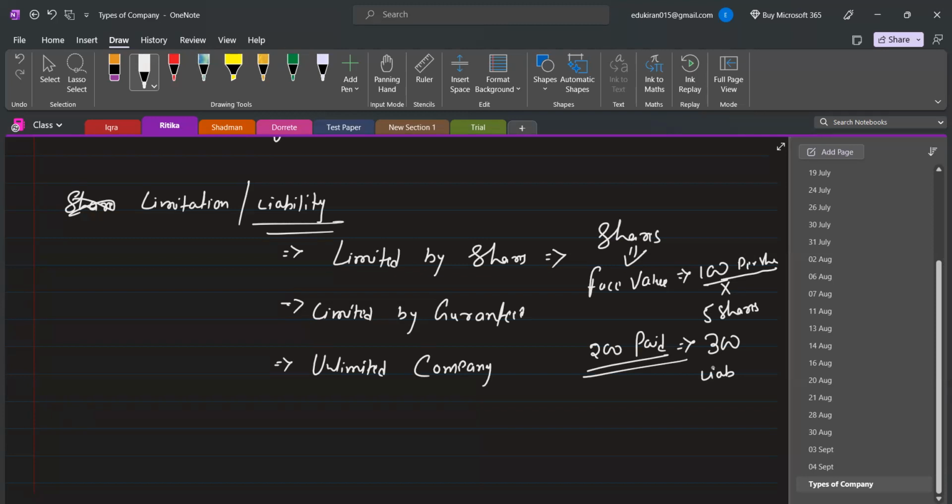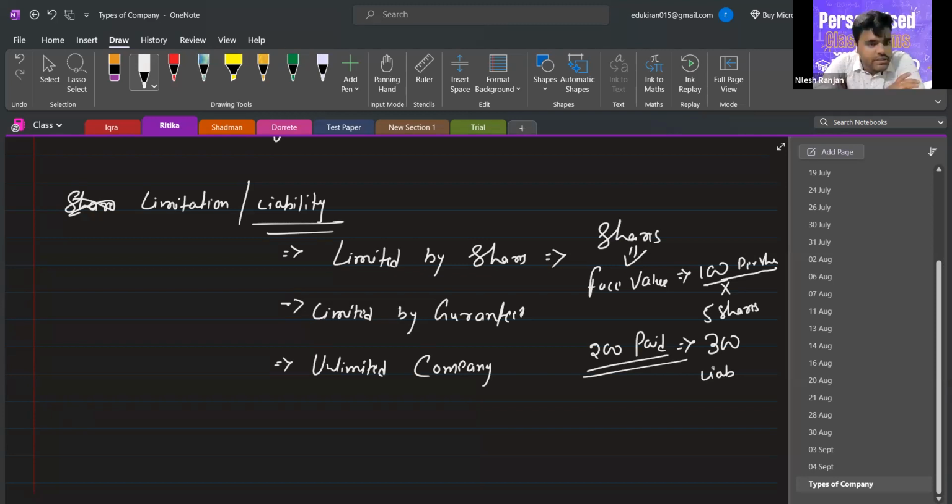Okay, sir. And the next thing is limited by guarantee. In case of guarantee, there are no shares, but you give a guarantee that in any case you will pay not more than this amount. So you tell the company that you will pay 5,000 rupees in the present or future.